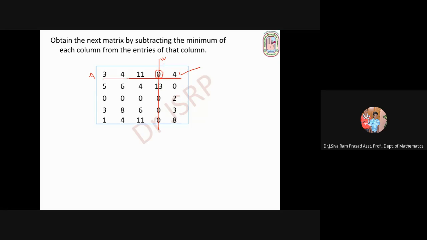That means fourth person is fixed to job A. Suppose first row contains more than 1 0. That means first job has more than one possible assignment. In that case, we are not able to fix the assignment. So skip that first row and go to second row. Okay, so that is the process.